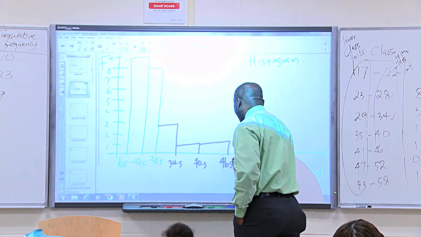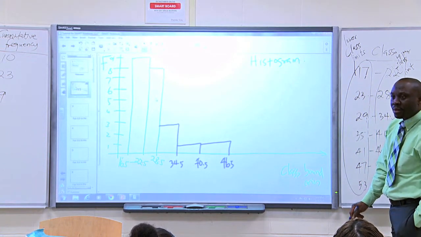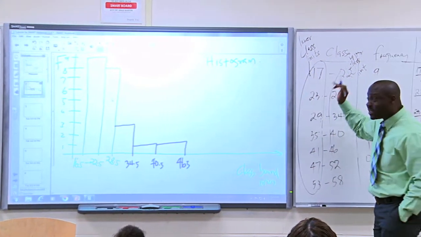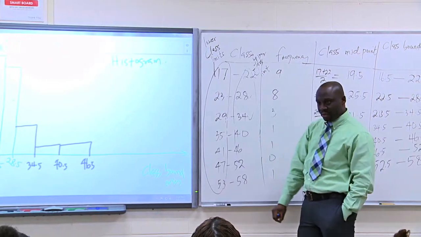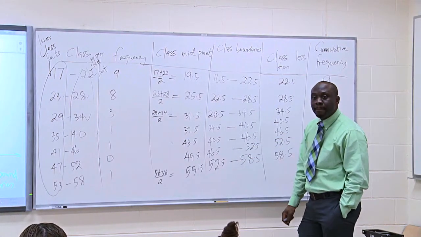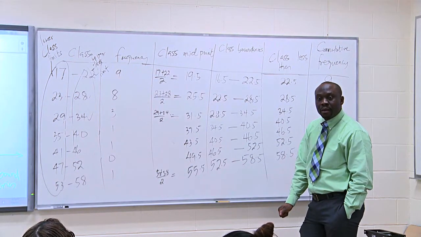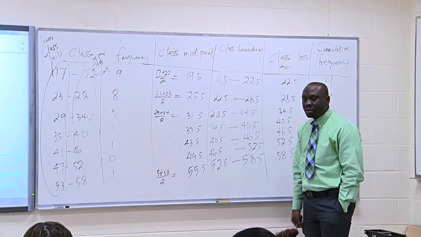So when you're doing these graphs, you don't want to use the regular class boundary, the first one. No, you can. If you use this, you have gaps in between, and that becomes a bar chart. Would it tell you if it's a histogram or bar chart? You can tell. Histogram is close together.